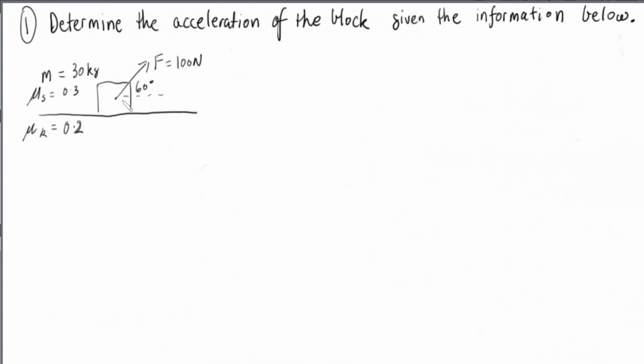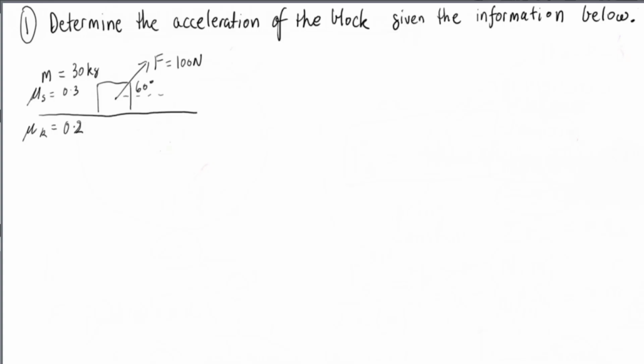So if the box was to move, we'd expect it to move to the right, because the force being applied is on an angle, but we can resolve it in the x direction.